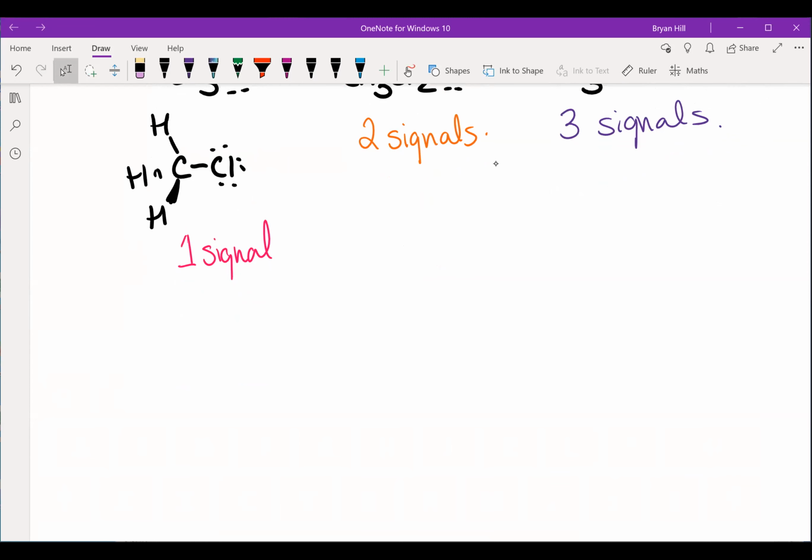Alrighty, a couple more examples. How many different protons do we have here? Three.